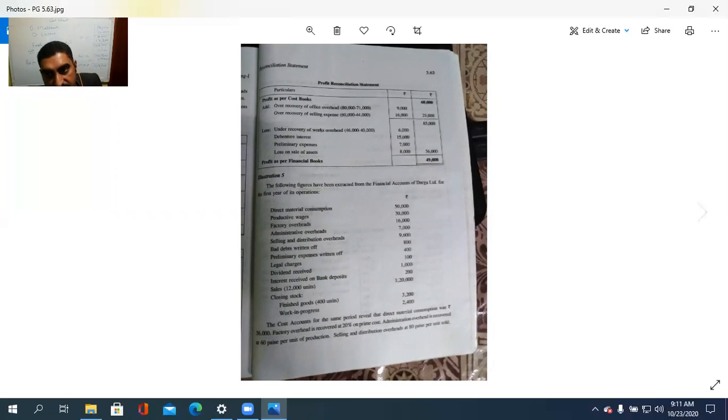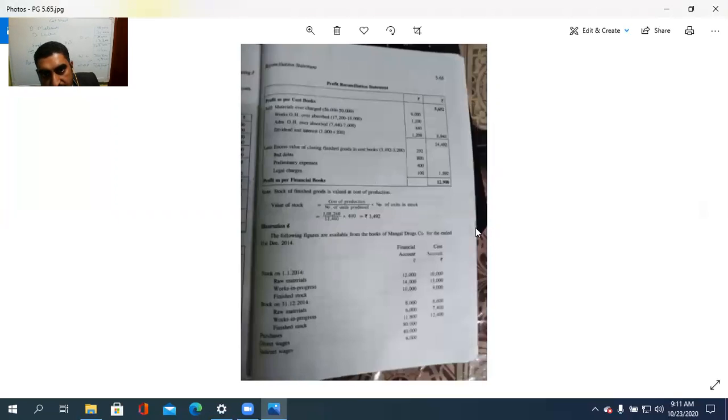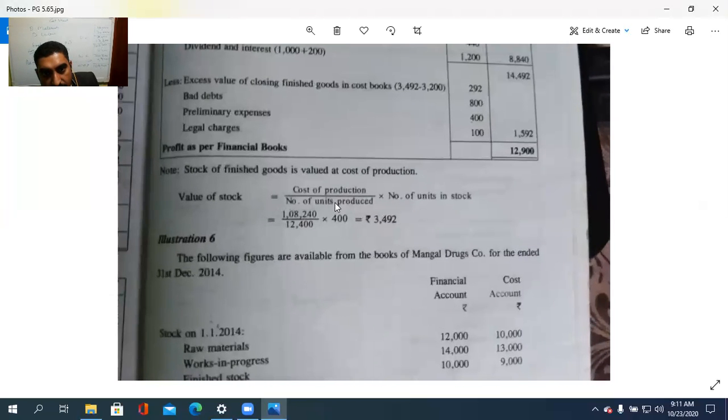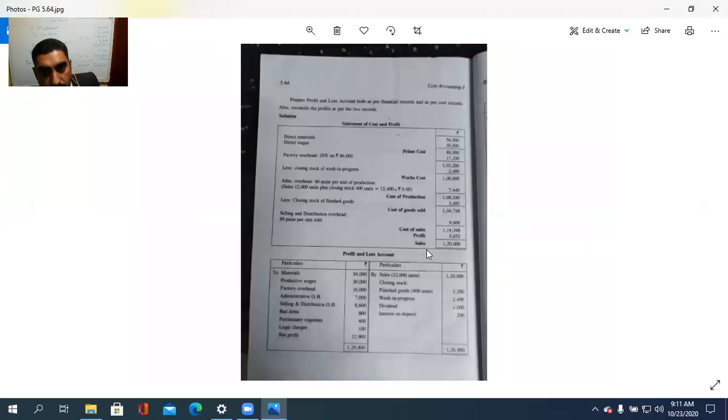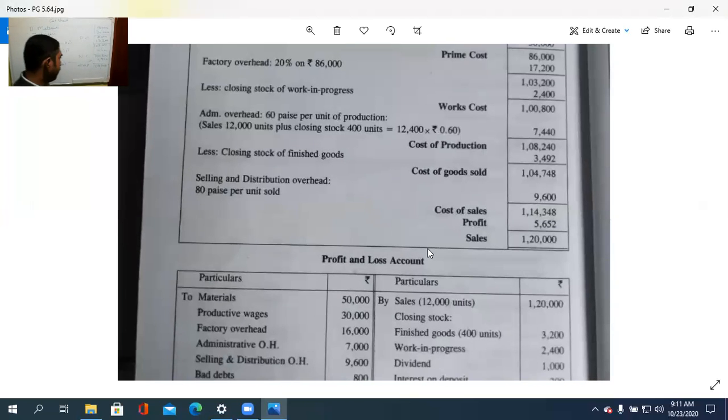So that is the case here. See, cost of production, that is 108,240 divided by 12,400 into the number of units of finished goods. How much? 400 units. So what is the amount? 3,492. That 3,492 we need to add up here.